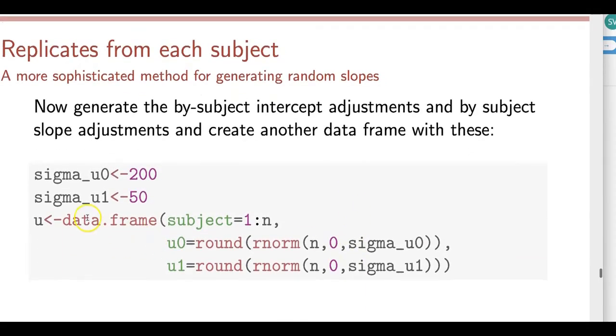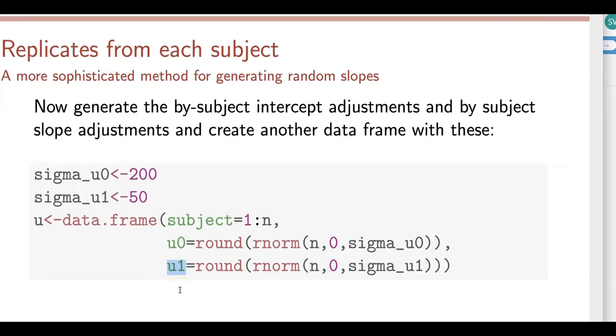What I've done is I have set up the standard deviations for the intercept and slope adjustments, 250, right? And then I created a subject vector going from 1 to 10 in this case, and I created a column called U0 that has the intercept adjustments, which I've just generated here, and another column called U1, which contains the slope adjustments.